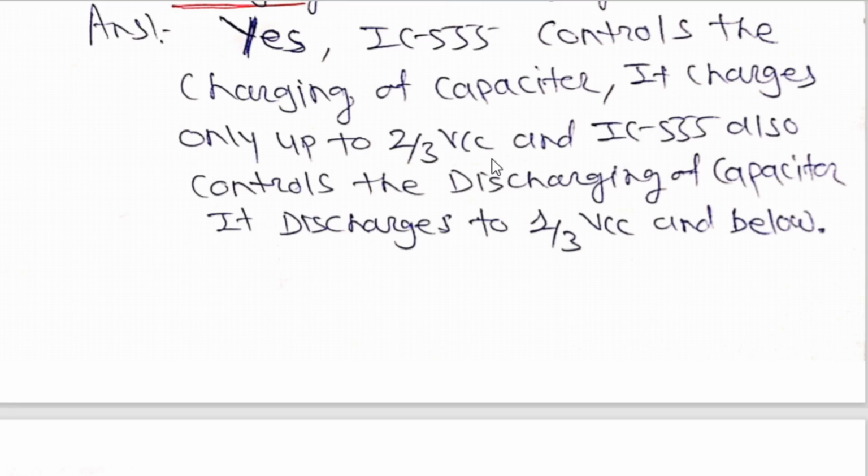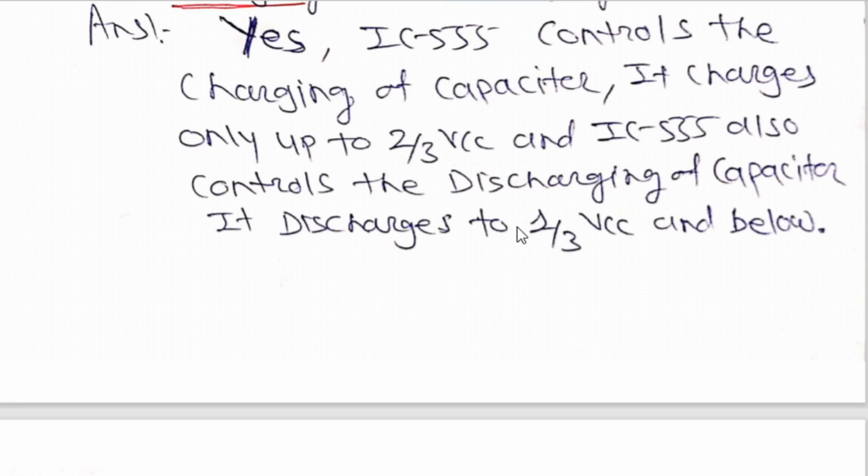IC555 does not allow the capacitor to charge greater than two-thirds of VCC. It controls the charging. And what is the controlling factor? The controlling factor is the potential divider circuit's two-thirds VCC. That two-thirds VCC is the only magnitude of voltage to which the capacitor gets charged. And IC555 also controls the discharging of the capacitor, because it discharges the capacitor only to one-third VCC and not below that.